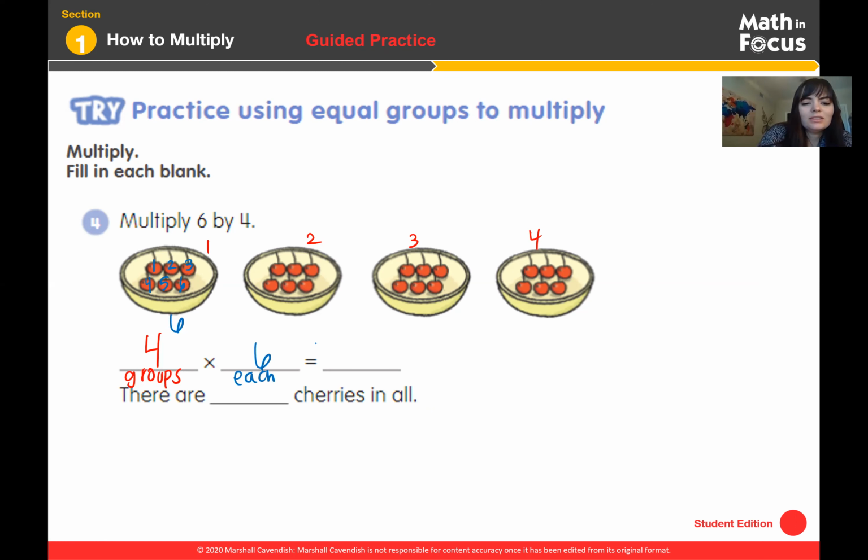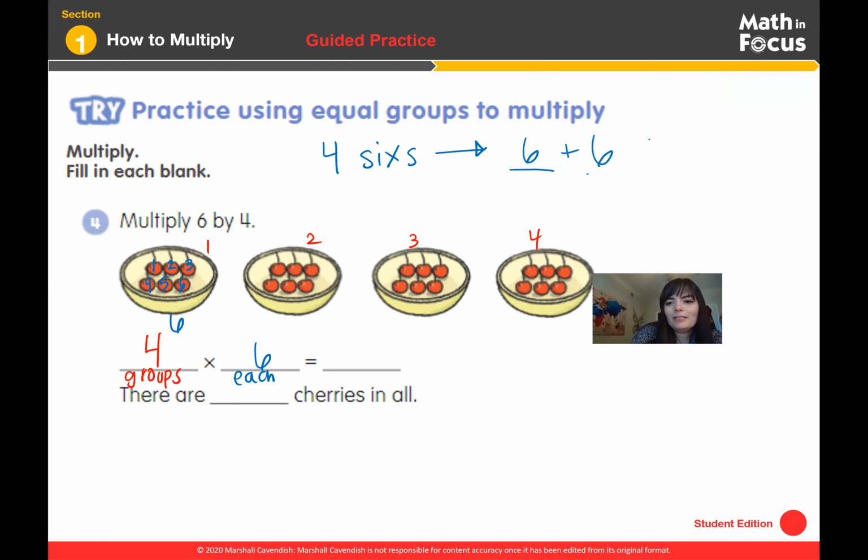This is the same as saying 4 groups of 6 in each, or 4 6s. To show 4 6s, I would do 1 6, 2 6, 3 6, 4 6, and now I have my 4 6s, and then we're going to find what that equals.